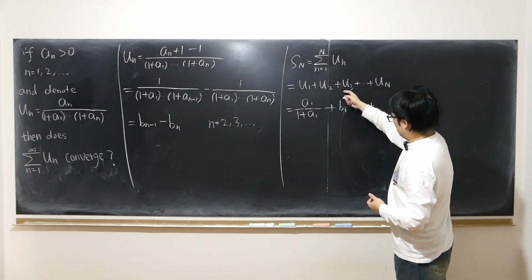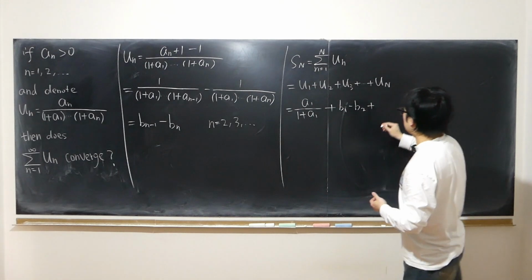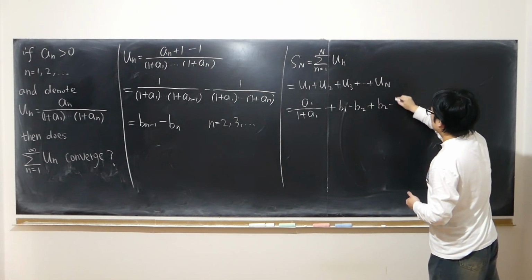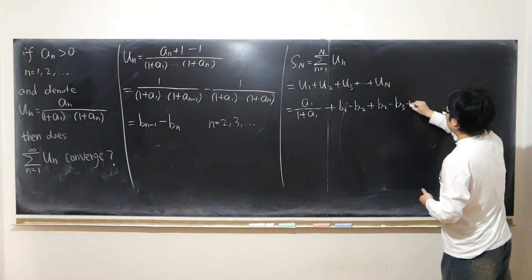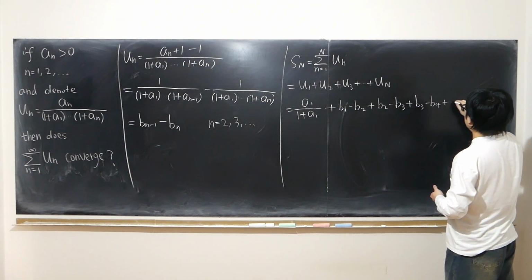Likewise, u_3 is b_2 minus b_3. Then b_3 minus b_4, all the way.